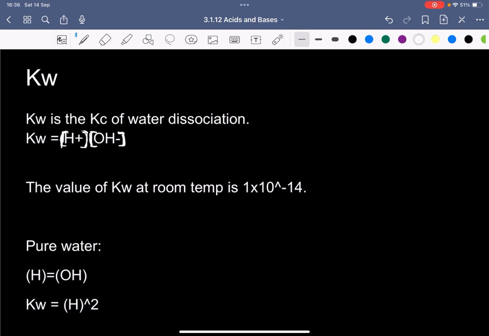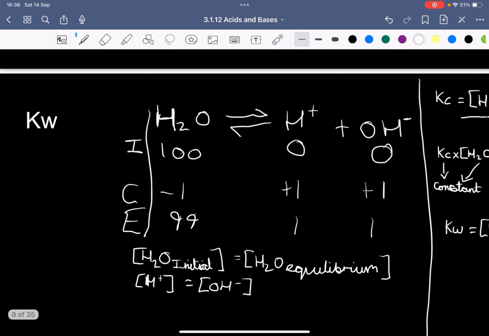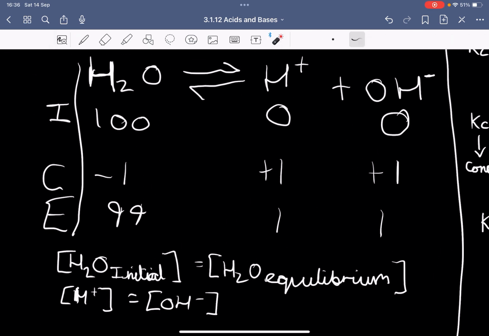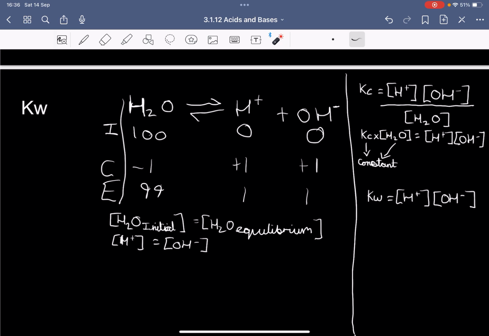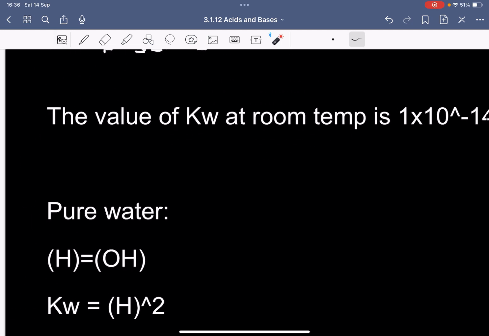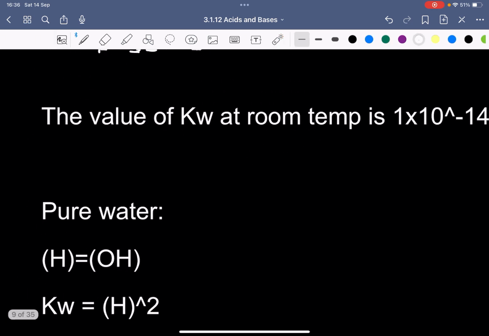Now, if we look back at our ICE table, we said that H+ concentration equals OH- concentration. And we can see that because the number of moles of H+ formed is the same as the number of moles of OH- formed. Okay, and this is for the dissociation of pure water. So for pure water, [H+] equals [OH-]. I'm just going to write down the charges.